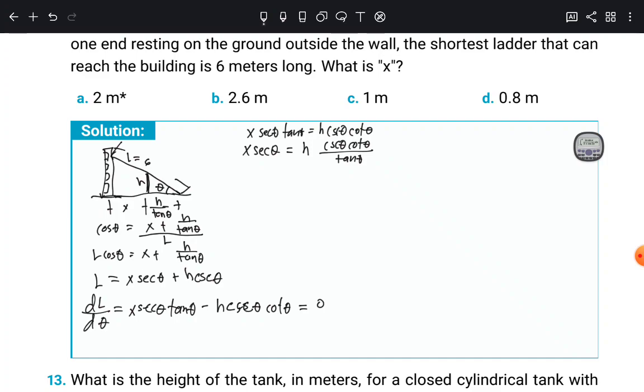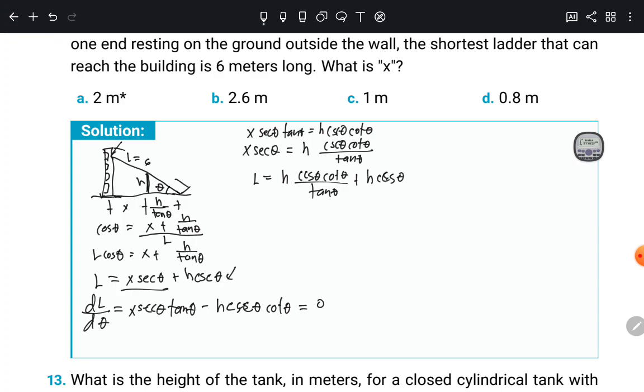Then next, what is x secant theta? We can just substitute that x secant theta into this equation here, because we have x secant theta here. So our L will be equal to h cosecant theta cotangent theta all over tangent theta plus h of cosecant theta.